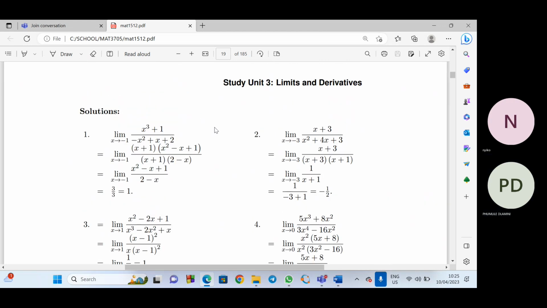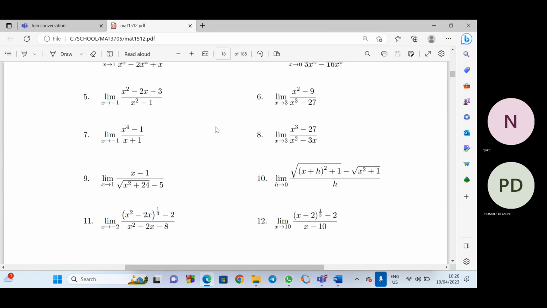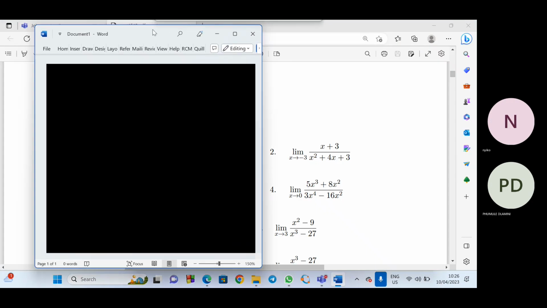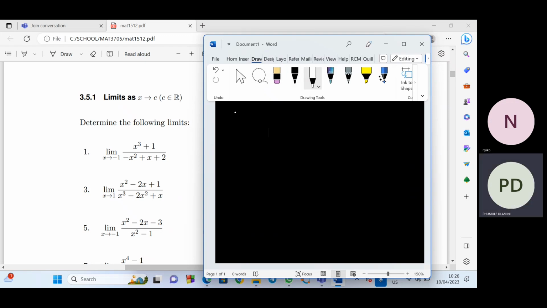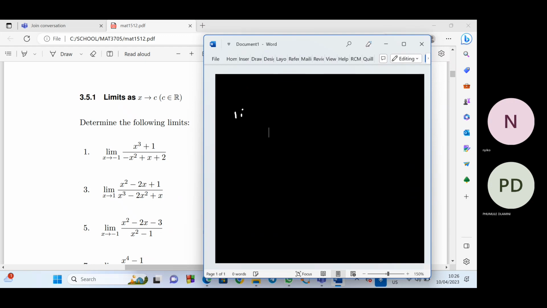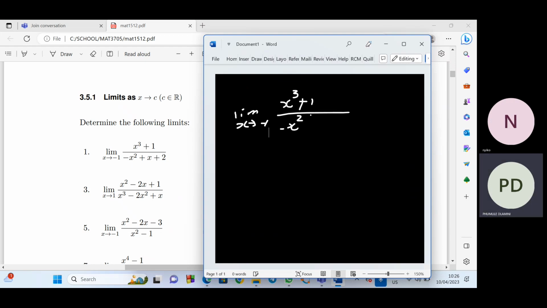So let me just write it down. It says the limit when x approaches -1 of x cubed plus 1 over -x squared plus x plus 2.